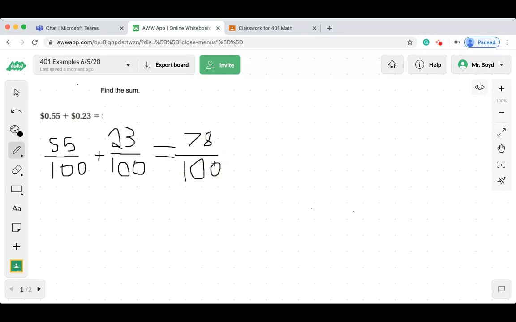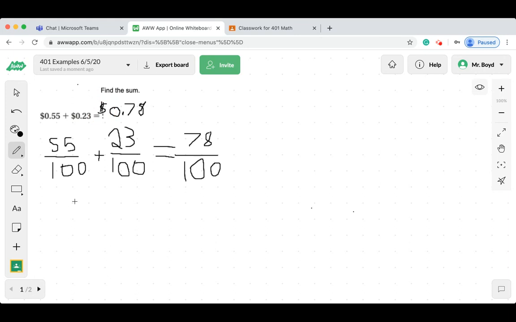And now I need to rewrite this as a decimal, so 78 hundredths would be 0, because we have a 0 for our whole number, and 78 ending in my hundredths place value. Now I'm going to put a dollar sign in front as well because we are talking about money in this situation.